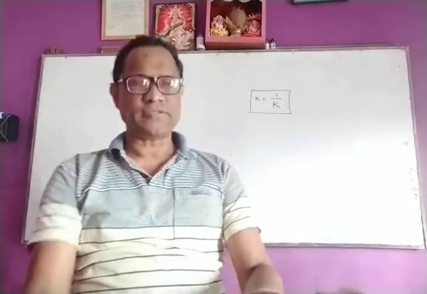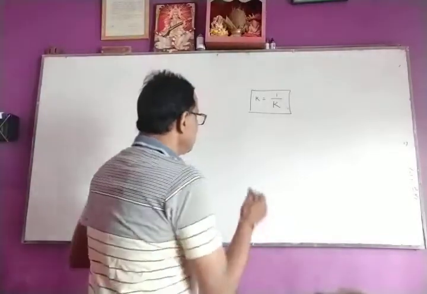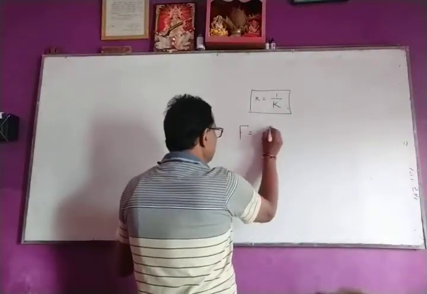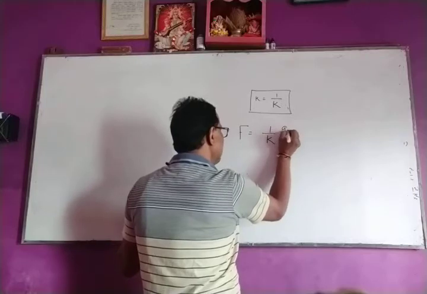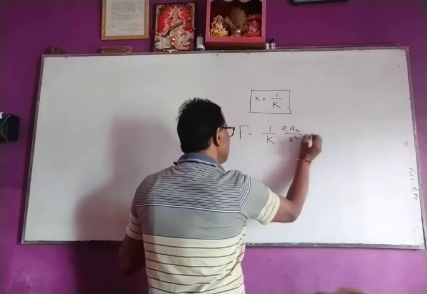So in this case, F is equal to 1 by capital K Q1 Q2 by R square.